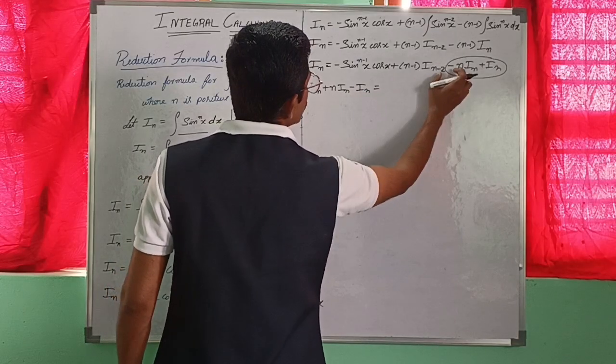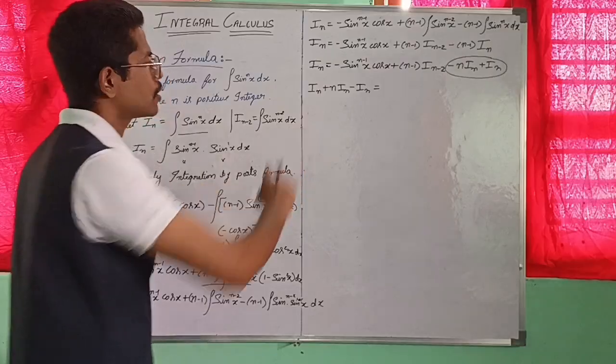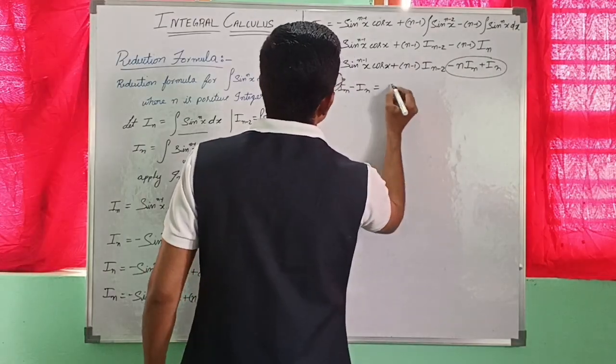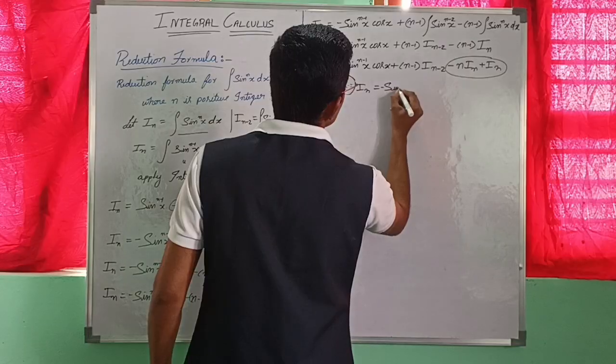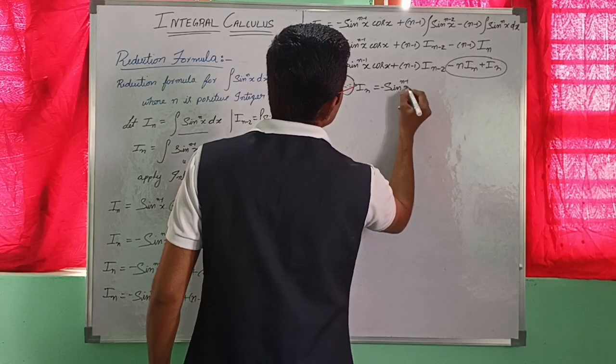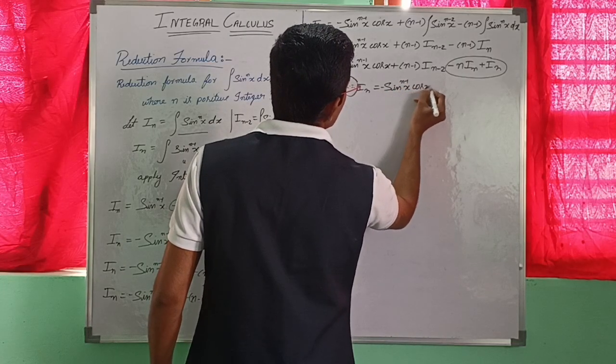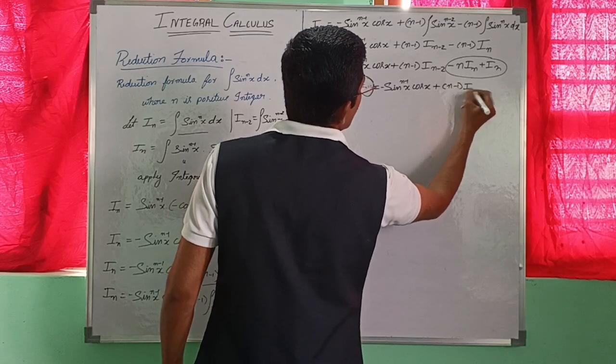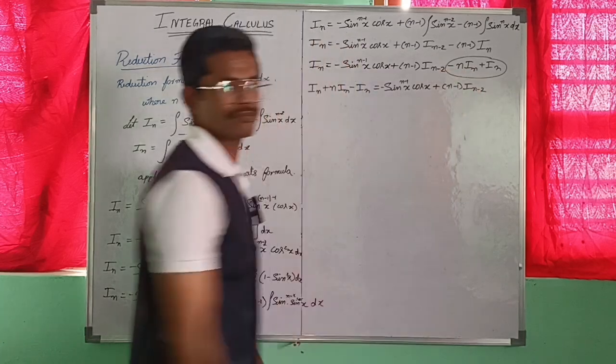When we shift these two terms to the LHS, we get n In minus In... here there is a minus, when shifted to the LHS it becomes plus. So plus n In minus In is equal to minus sine power n minus 1 x cos x plus n minus 1 I n minus 2.